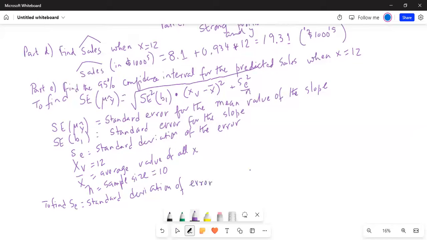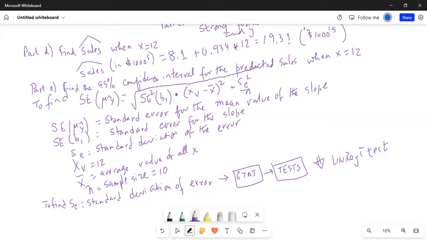And that we can do by stat, test, the same that we did before. We scroll down to lin-reg t-test and then run the test. So stat, test, scroll down to lin-reg t-test, and hit enter.